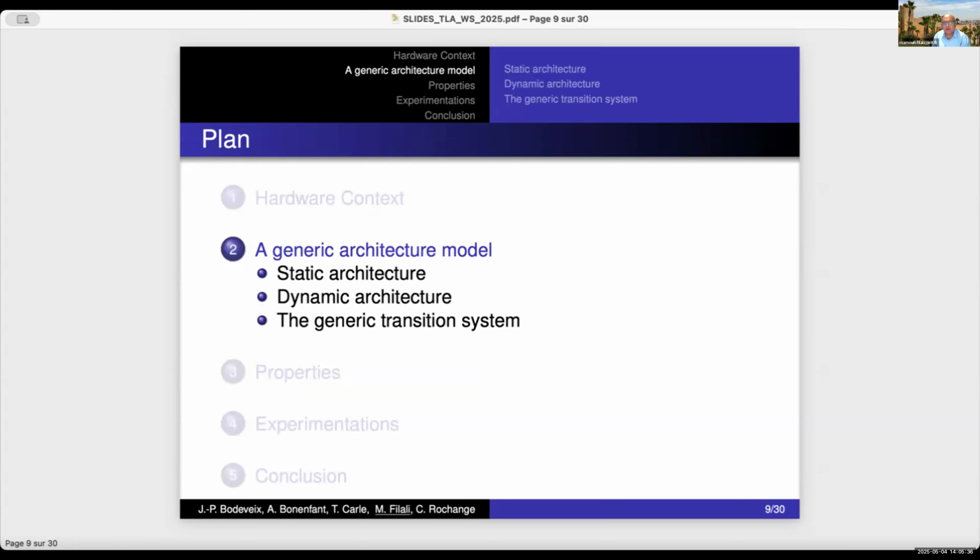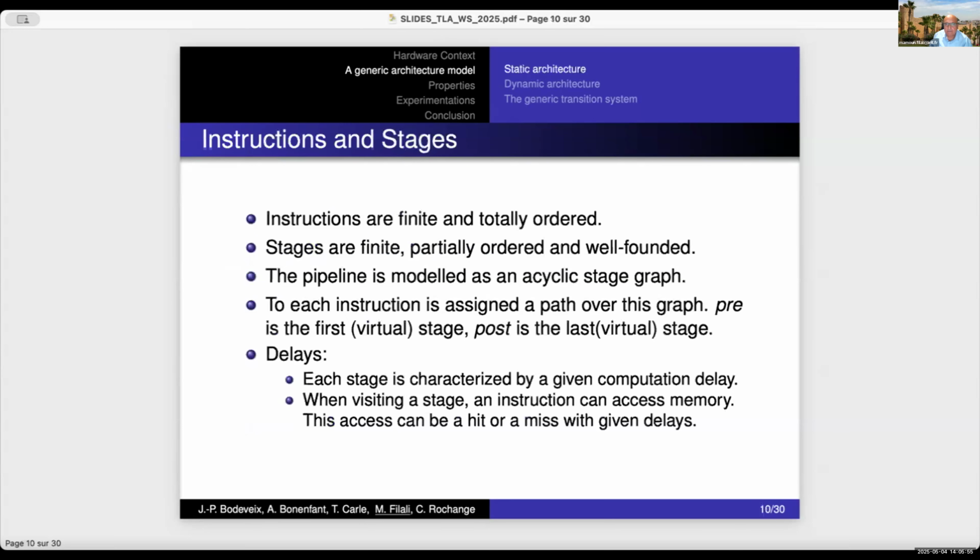Now I present the generic architecture model. For presenting this model, I'll first consider the static architecture model, then the dynamic architecture, and last, I'll present the generic transition system that we have considered. First, about instructions and stages.